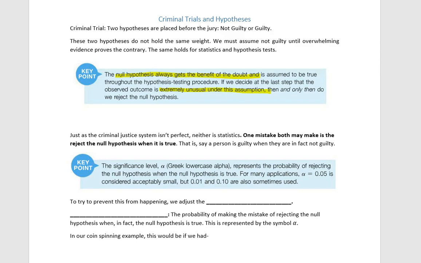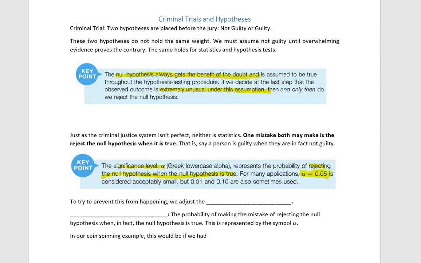So one of those mistakes we want to say is more likely to happen than the other. That is where something called the significance level comes in, which is called alpha. This is the probability that we accidentally make that mistake of rejecting the null hypothesis when it's actually true. And usually, we only want that to happen if there's a 5% chance of it happening or less.